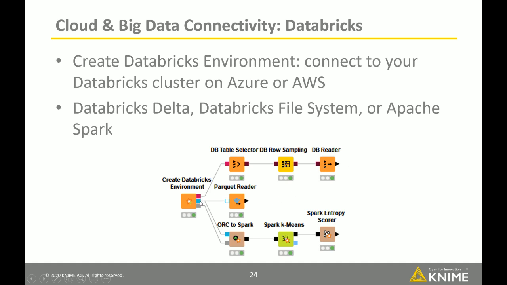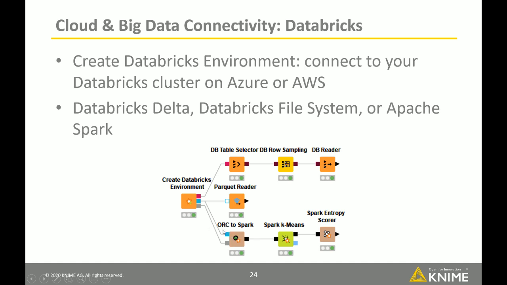We could also use the blue port in the middle to access the Databricks file system directly and just read stuff in our environment using a Parquet reader, for example, directly into KNIME. Or maybe we would like to do a little bit of model development in our Databricks environment. In that case, we can use the file system node and the file system port and the Spark port on the Create Databricks Environment node and use those downstream.